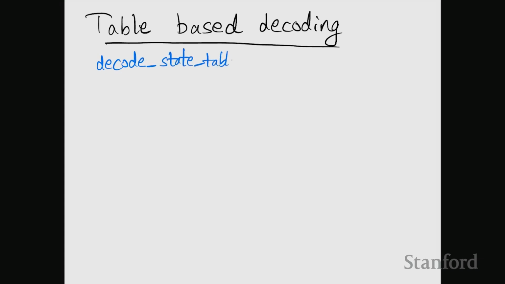So there is a decoder state table. Actually, let me draw the code here. So we draw this code. A is 0, B is 10, C is 110, D is 111.